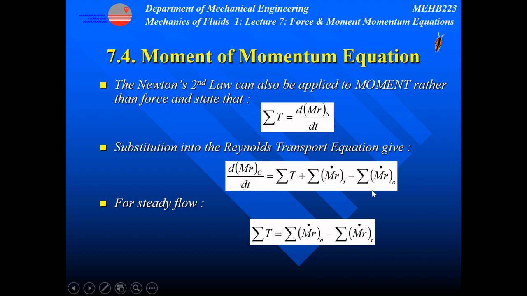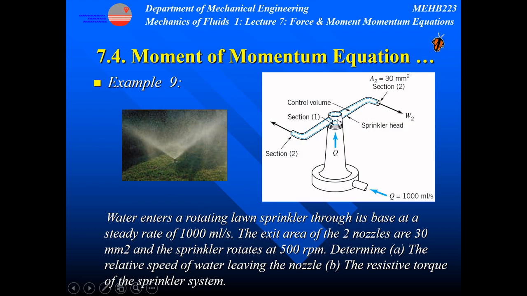It can be used for a rotating device. If it's a steady flow, normally the control volume term will be 0. Therefore the summation of torque is the rate of moment at the outlet minus inlet. This is an example of the use of moment of momentum, the water sprinkler.